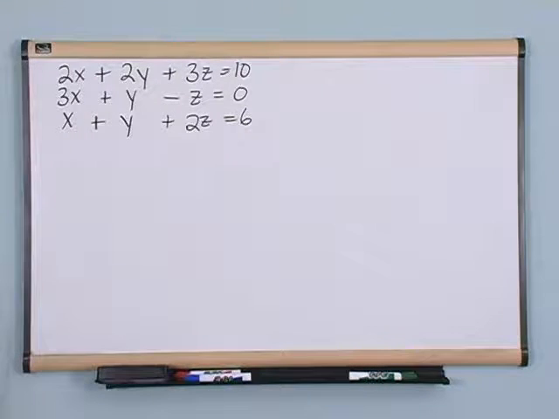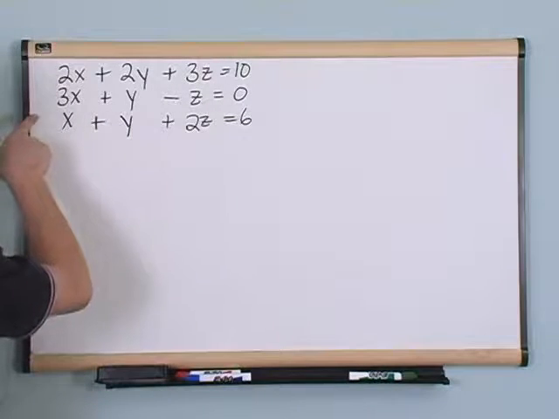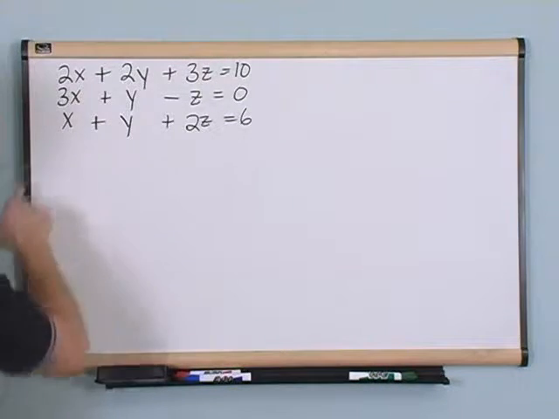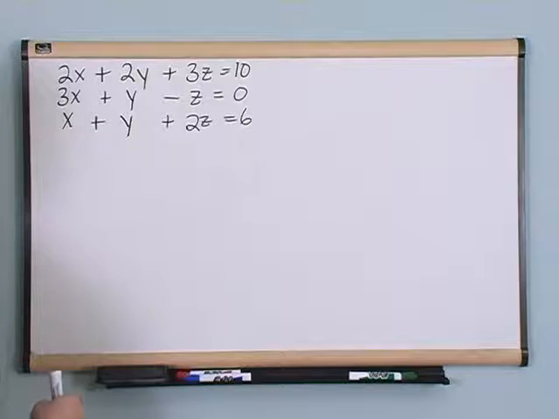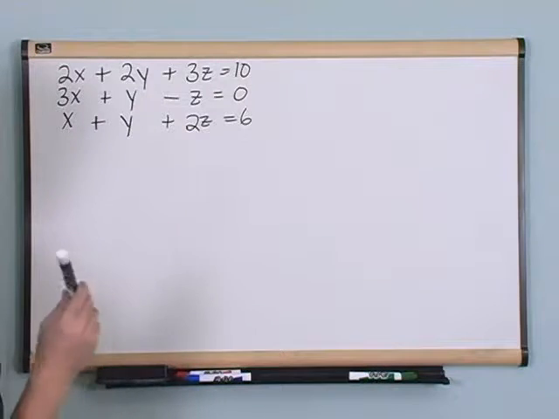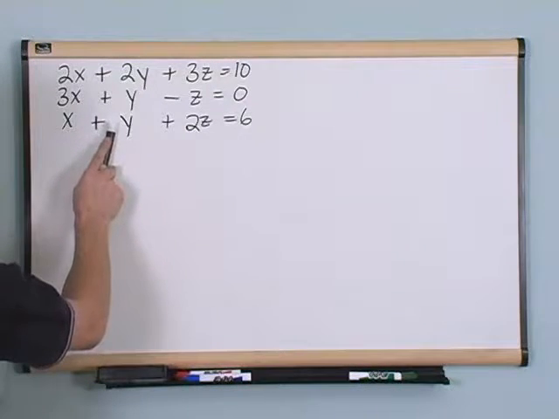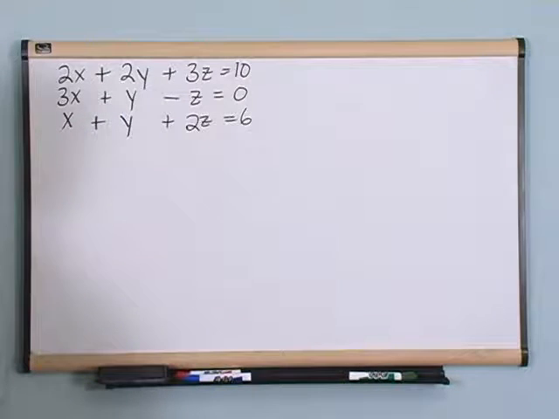Okay, now notice that this one isn't nearly as easy to work with because you don't have anything that's going to easily cancel. Nothing really jumps out at you. But one thing that I do know is that I've got a y here and I've got another y here.